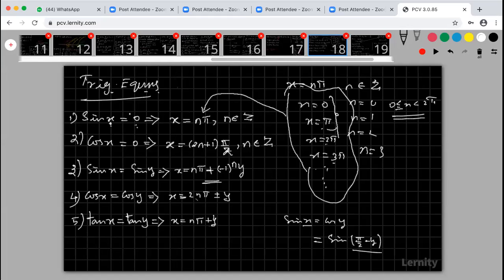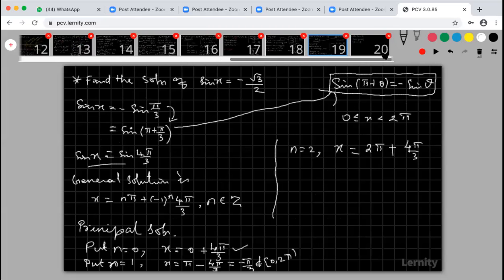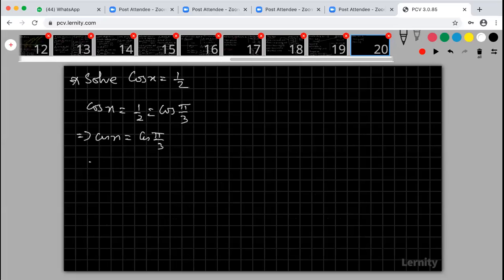The general solution is x is equal to 2n pi plus or minus y. So my x is equal to 2n pi plus or minus pi by 3. My n is an integer. This is the general solution for the given problem.